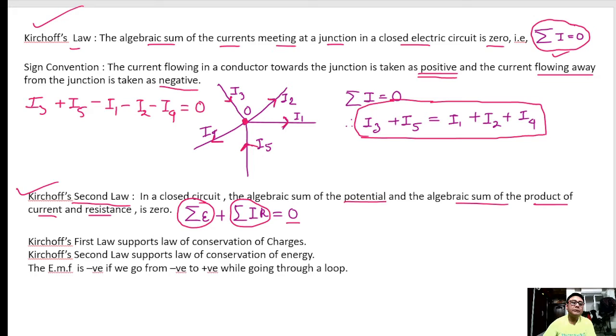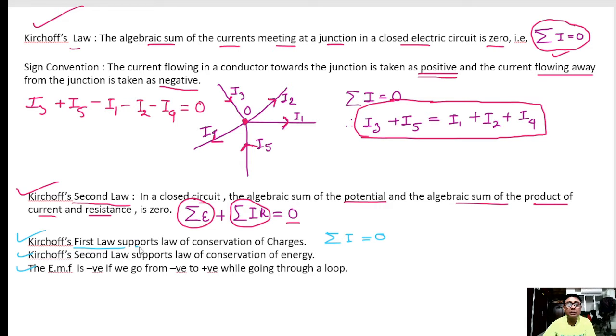From here, there are certain points which I have discussed. What is Kirchhoff's first law? The first law was that the summation of the current at a junction is 0.